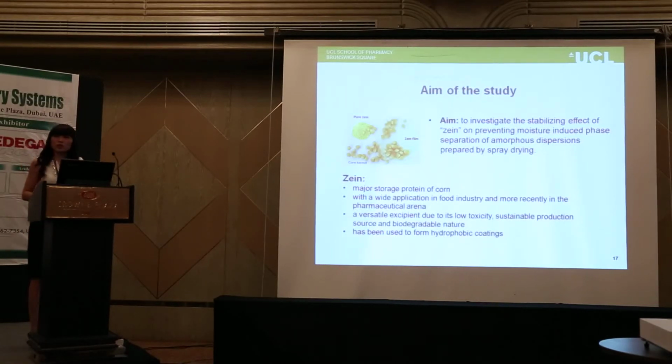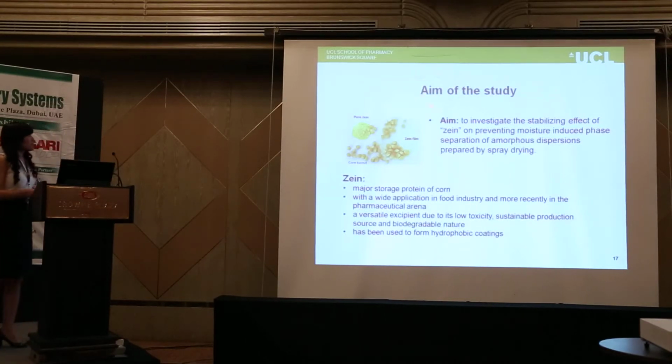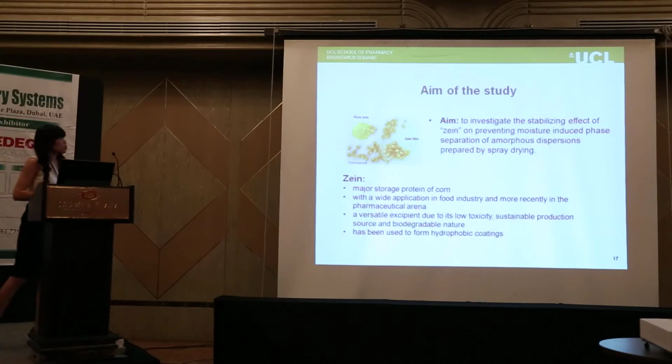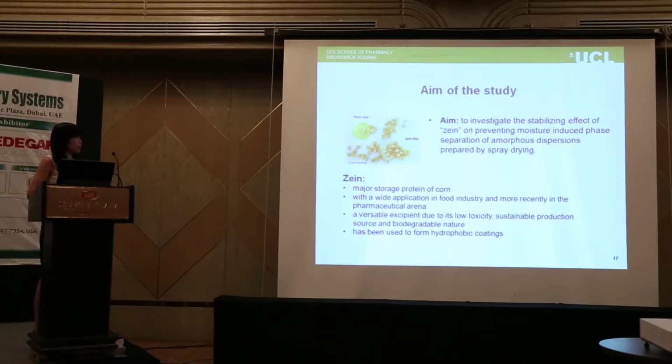And then I move on to the water uptake issue I mentioned earlier on. The aim of this study is to investigate the stabilizing effect of Zhao on preventing moisture-induced phase separation, because previously we did some work using Zhao for electrospinning.